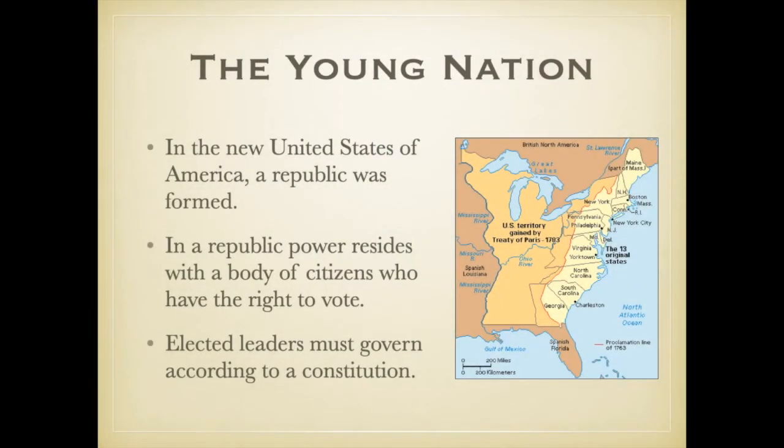The Young Nation. In the new United States of America, a republic was formed. In a republic, power resides with a body of citizens who have the right to vote. Elected leaders must govern according to a constitution.